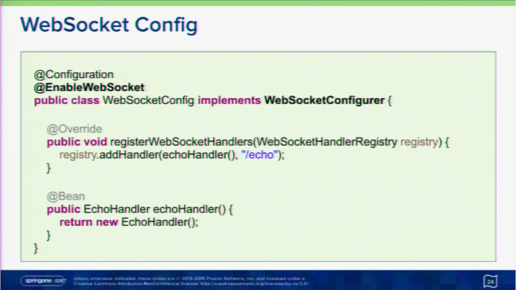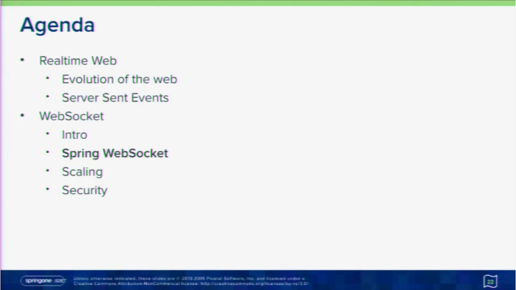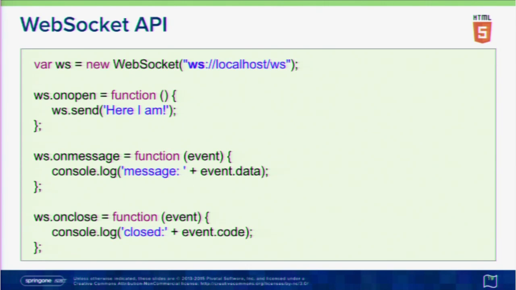Java config, how many of you use Java config here? Raise your hand. No XML anymore, right? So we see that we have a new annotation called @EnableWebSocket, and you can configure WebSockets by extending the WebSocketConfigurer. So this WebSocketConfigurer lets you define the endpoint. So this is the endpoint that we used in here.